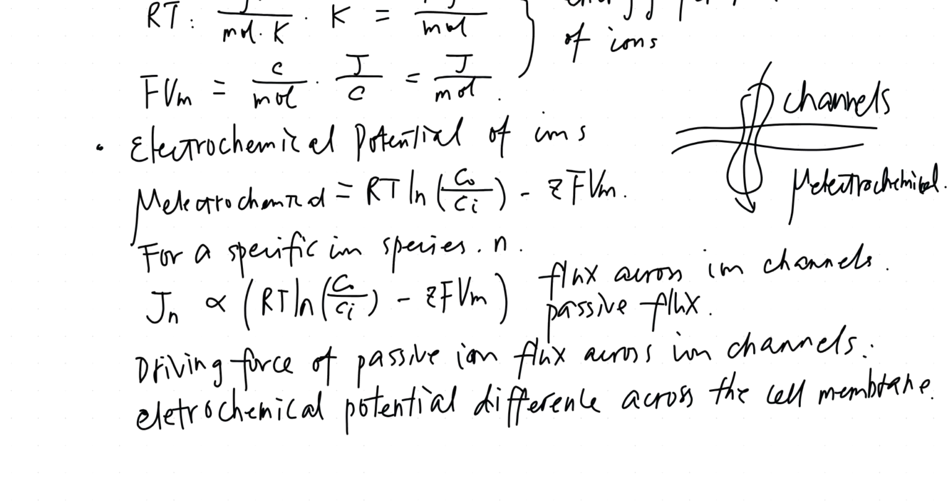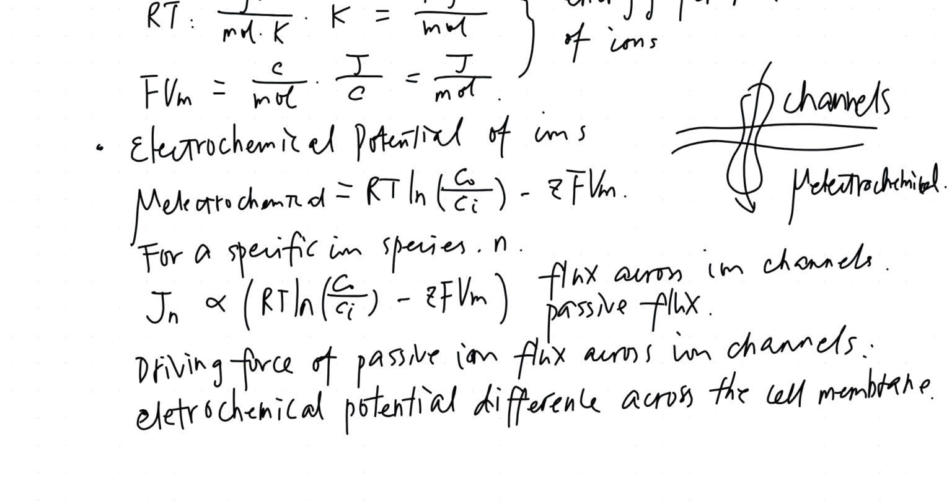Okay, so this is how you determine the direction of an ion flux across the membrane. Usually you will be given the concentration inside, the concentration outside, the membrane potential, and the valence. If you know which ion you are talking about, then you know the valence.